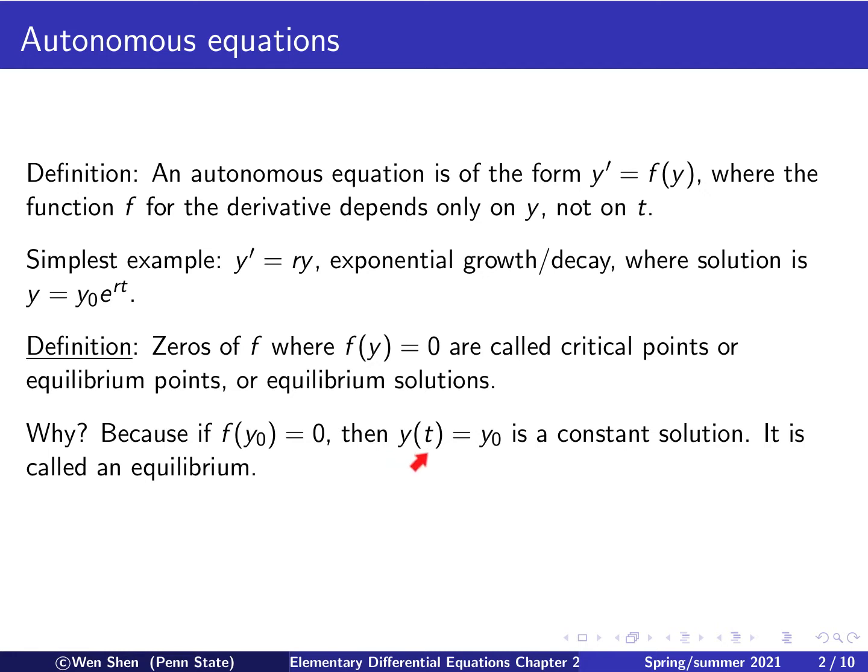And y of t equals y naught is a constant solution. So if this is a time-dependent problem and your solution settles at a value and does not change anymore, we call this an equilibrium.